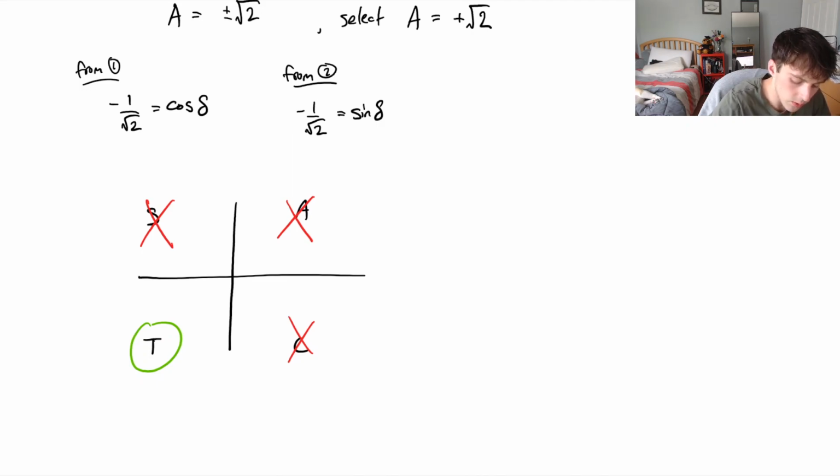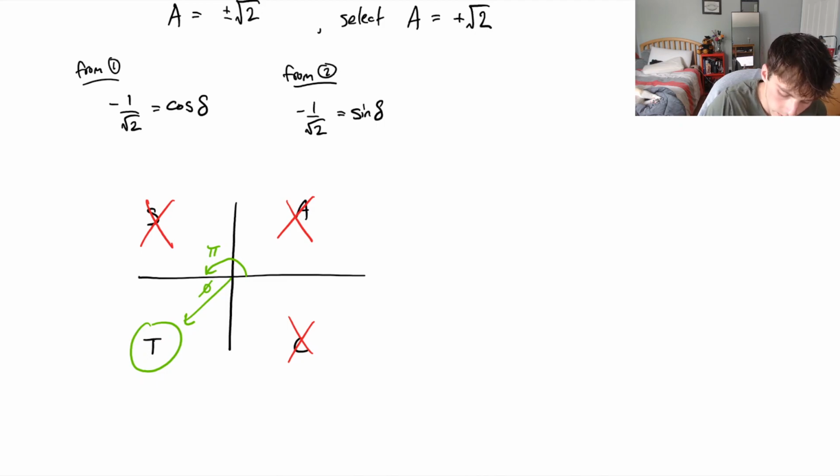which means that delta is going to be equal to, if this here is pi radians from our positive x-axis, then we know that our angle is just going to be pi plus whatever this little phi is, and that phi represents our primary angle that we can solve from equation 1 or equation 2.